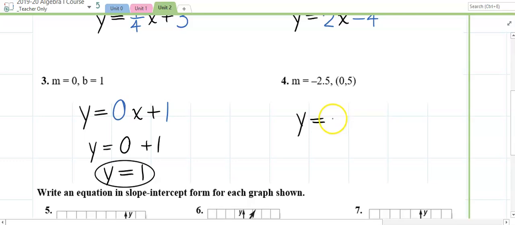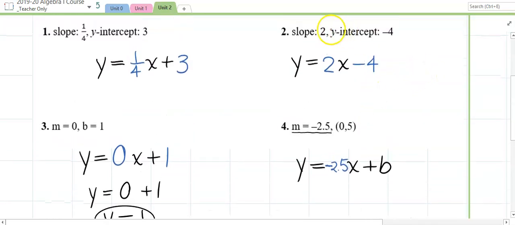Finally, number 4, y equals mx plus b. Well, they tell me right here that m is negative 2.5. So I'm going to take out my m, and I'm going to put in negative 2.5. B, they don't say what the y-intercept is like they did in numbers 1 and 2.